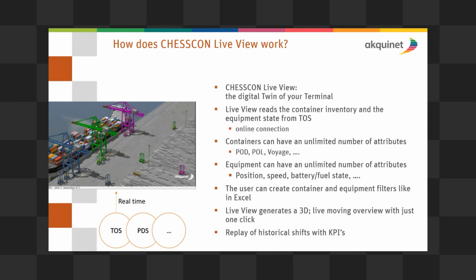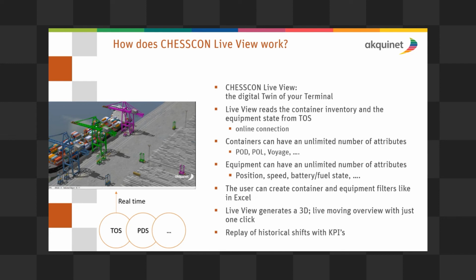So if you move your mouse over the screen, and this is what Horst-Dieter will show us in a few seconds, you can see with a few clicks what is happening on the vessel, in the yard, and with all the equipment moving around on the terminal. And of course, to have filters, as I mentioned, colorized filters, color filters.